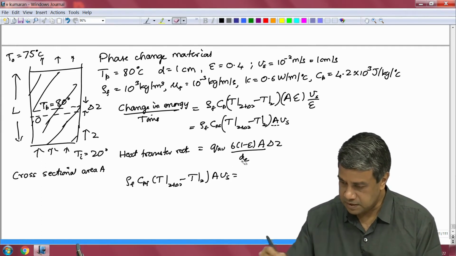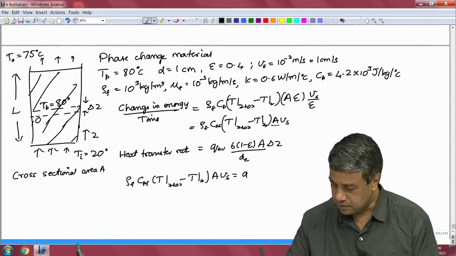So there should be a plus sign here, equal to QAV 6 into 1 minus epsilon A delta Z by dE.